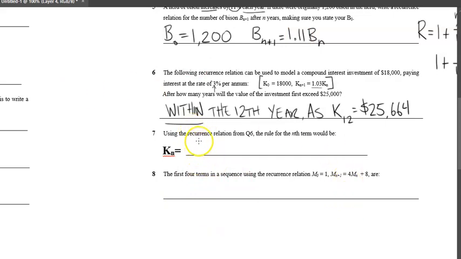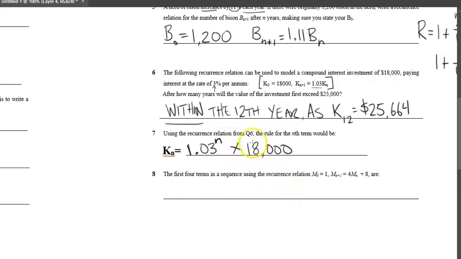So when it comes to a geometric growth of some sort, to get the rule, you have to find what the R value is from the recurrence relation. And all you simply do is put the n as a power. And this will be multiplied by what your initial is, 18,000.